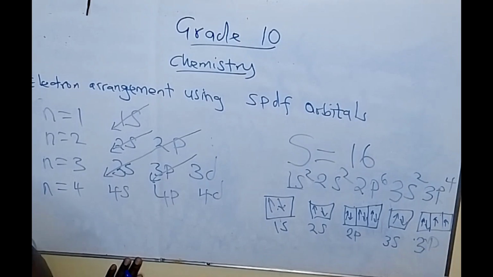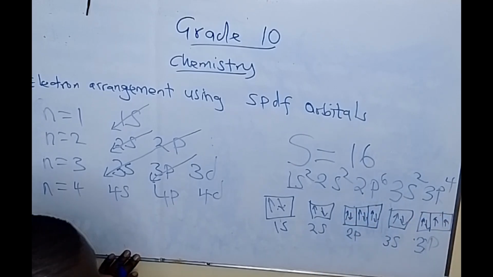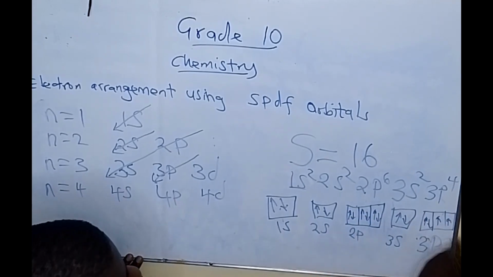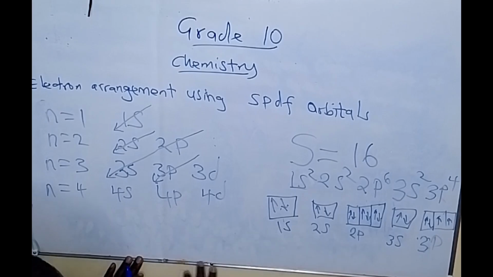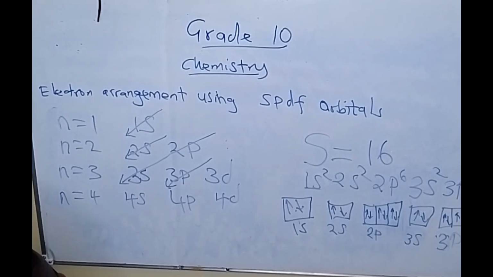You should not repeat the mistake I've made here. First, split the electrons singly, give 1 single electron per division, and then you start pairing like that. That is the in-box electron arrangement. So I believe I can make another mistake.